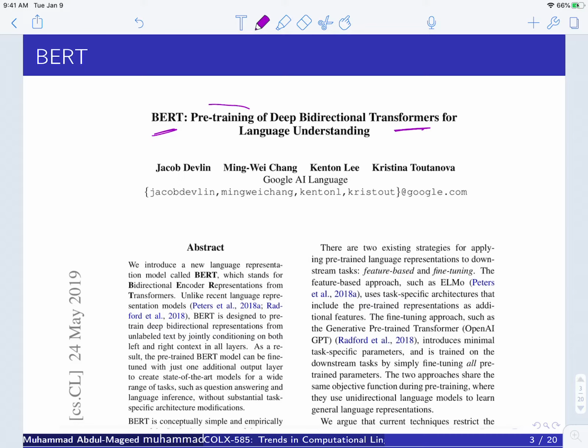And we call this whole thing pre-training because we take a data set like Wikipedia, for example, where we don't have specific labels. Wikipedia is not a data set for sentiment analysis. It doesn't have labels for sentiment analysis, question answering, or named entity recognition.